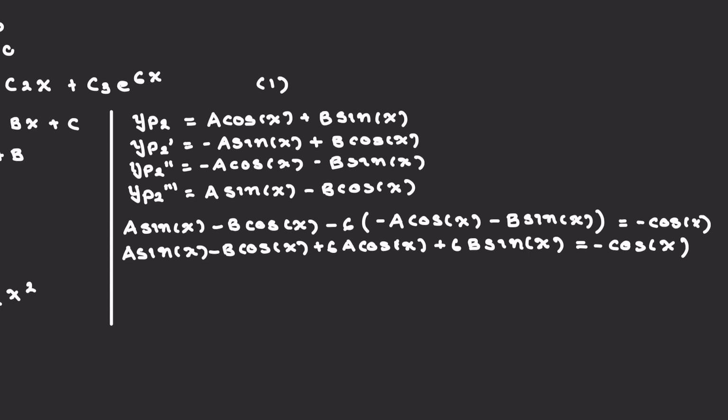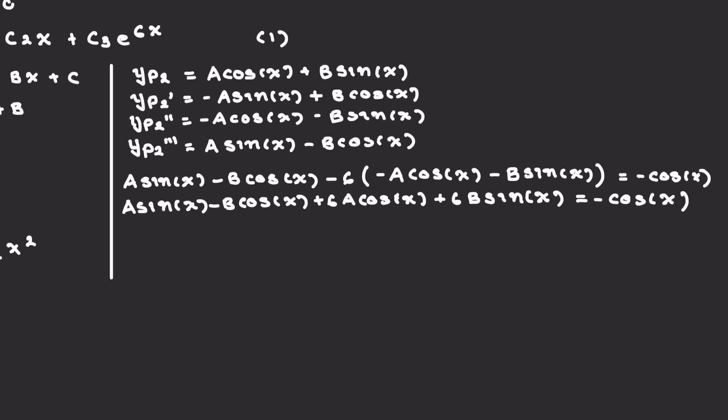And since we have sine of x and cosine of x, we will group them based on either their sine of x or cosine of x, like in the previous examples where we group them if they have the same polynomial degree or different polynomial degree.